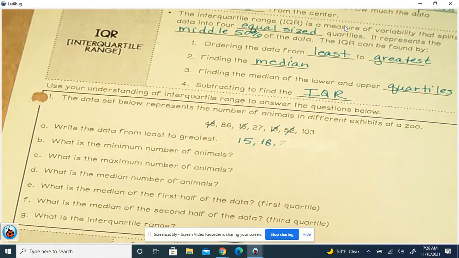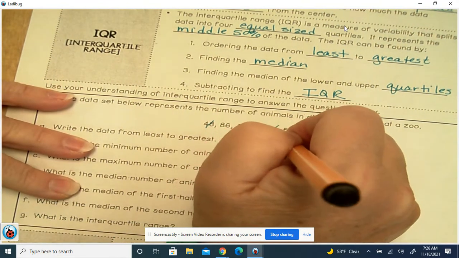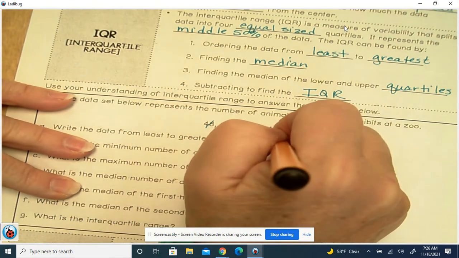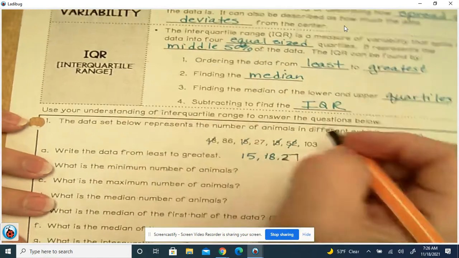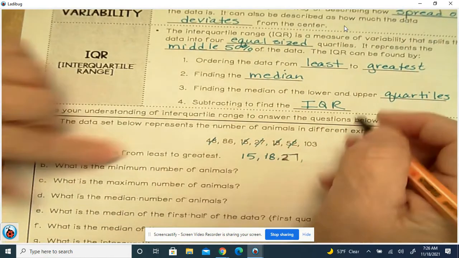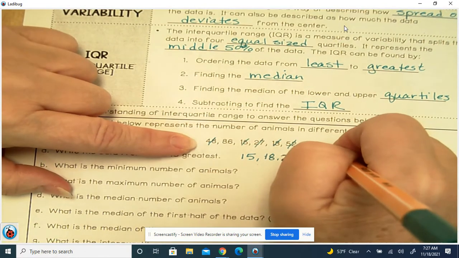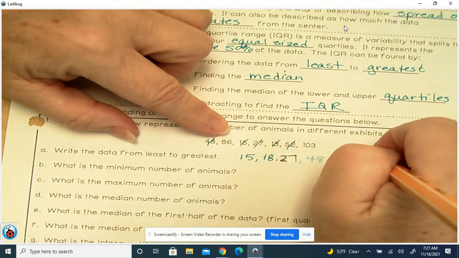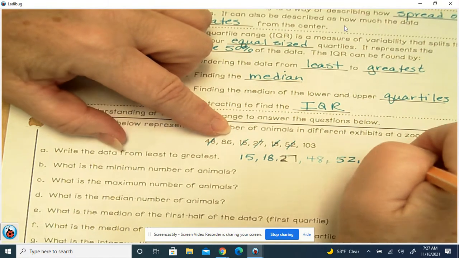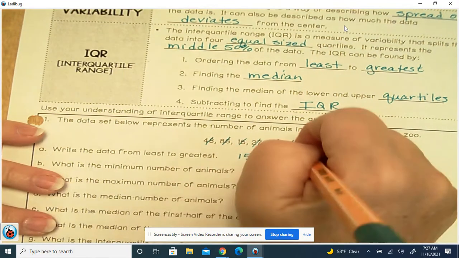So I'm going to pick up, and 7, 48, 52, 86, and 103. Make sure you don't skip any, like I did.